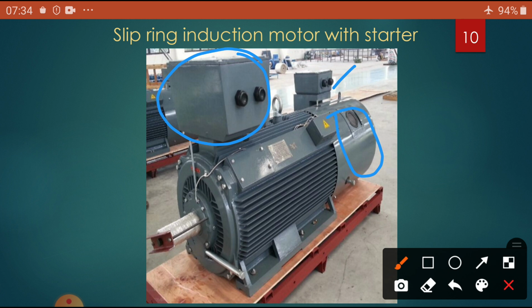Okay, if you want to see the internal diagram, because we are electrical students, we want to know only the circuit diagrams. If I know the circuit diagram, I can easily analyze my machine performance. So let us enter into our motor.